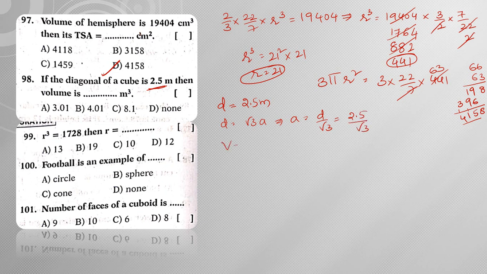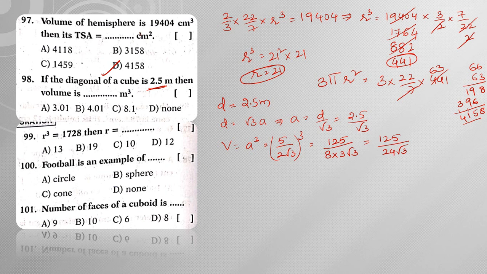Then volume is nothing but A cube. So A cube is 5 by 2 root 3 whole cube. So 5 cube is 125 divided by 2 cube is 8 into 3 root 3. Now on simplification, 125 divided by 24 into root 3.